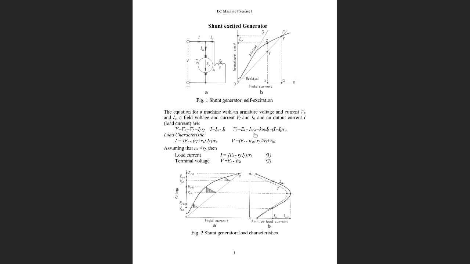On the other side, the internal generated voltage ER is related to the rotor speed omega R and the field current IF with a coefficient K. This is the key to generation.